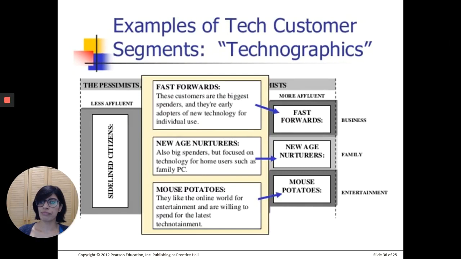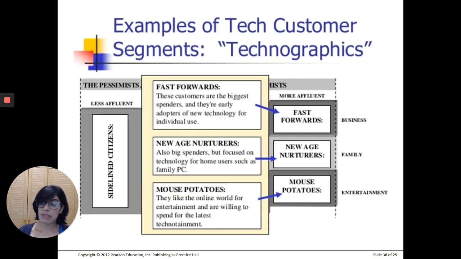Okay. And then on the more affluent side of the optimists, you have the fast forwards. These people are in business, they are the big spenders, they're the early adopters of new technology, and they will buy technology for the sake of buying technology for themselves. Then you have the new age nurturers. These are also big spenders, but they focus on technology for their home.